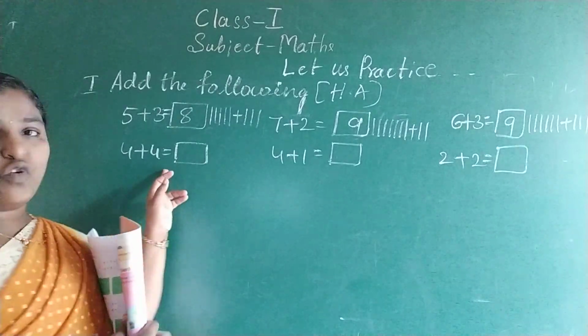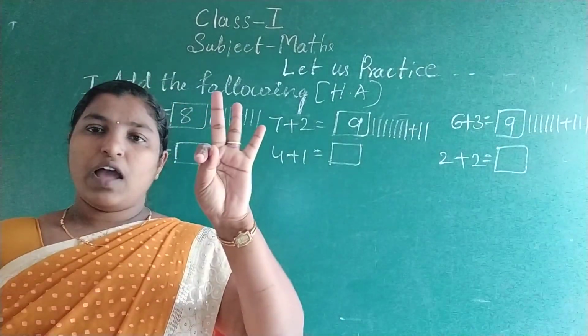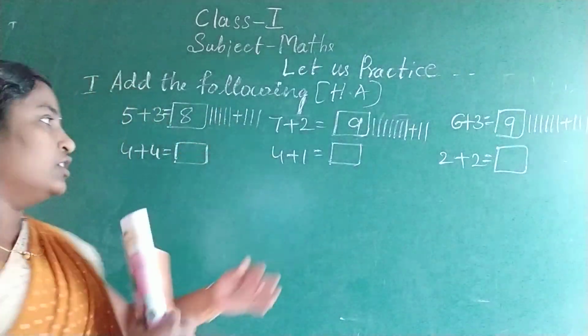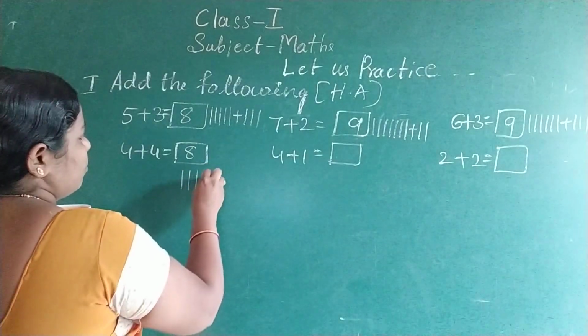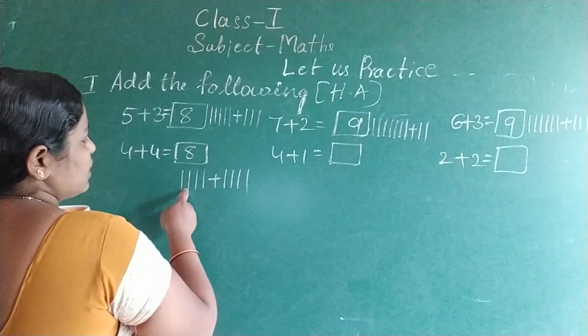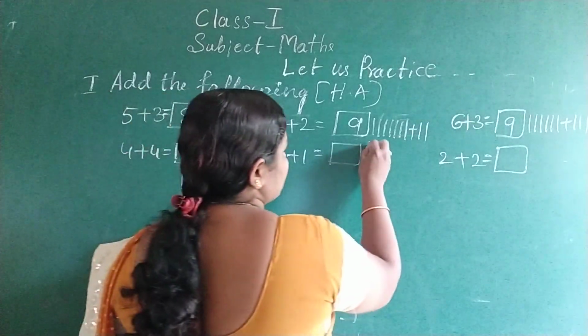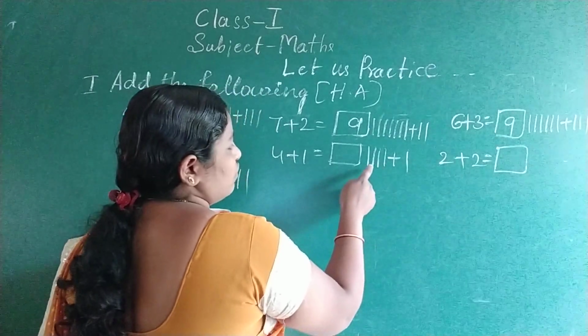Next, 4 plus 4. Keep 4 in your mind, 4 in your hand. 4, 5, 6, 7, 8. So the answer is 8. Or 1, 2, 3, 4 plus 1, 2, 3, 4: 1, 2, 3, 4, 5, 6, 7, 8. Now 4 plus 1. 1, 2, 3, 4 plus 1: 1, 2, 3, 4, 5.